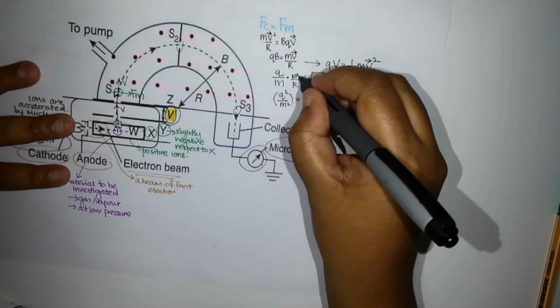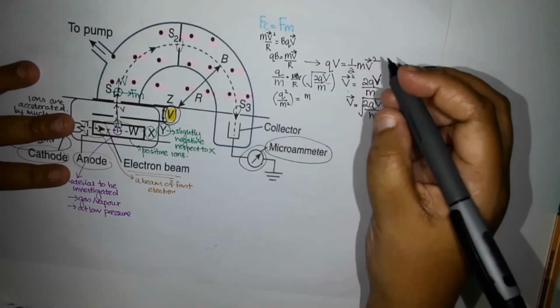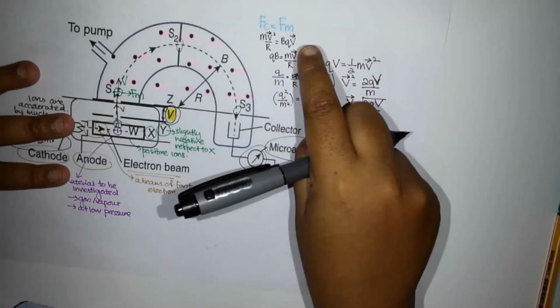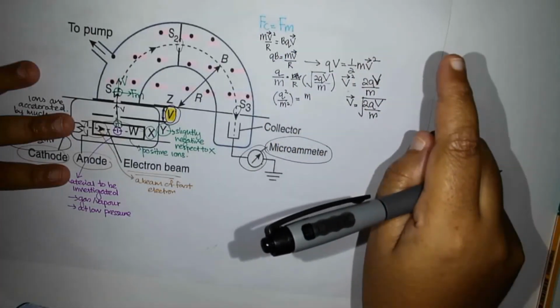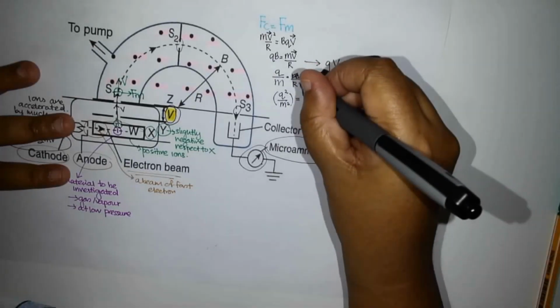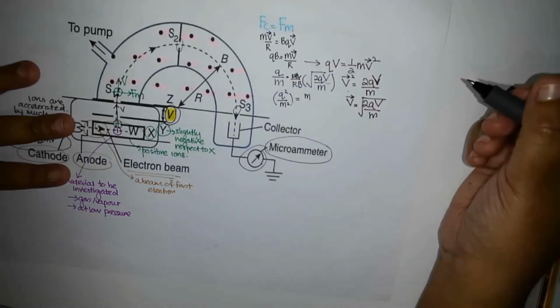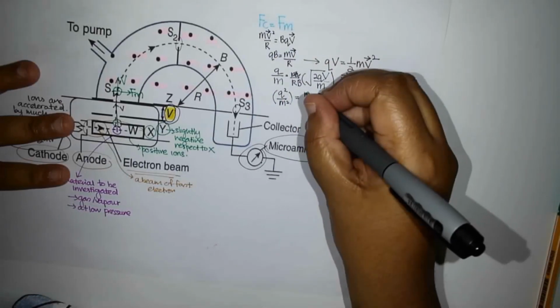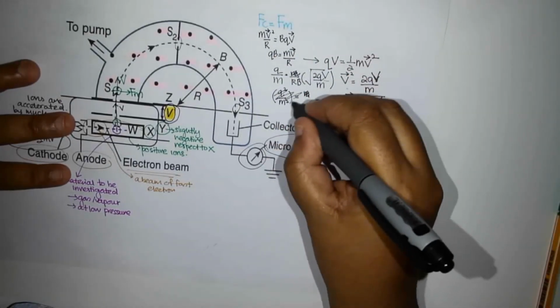Wait, I already brought m here, right? So you don't have an m there. Sorry for that. Let me see. Q over m, B. I forgot my B here. So R, B, square root of 2Q. There's no m there. Now hold on, let me do it properly.